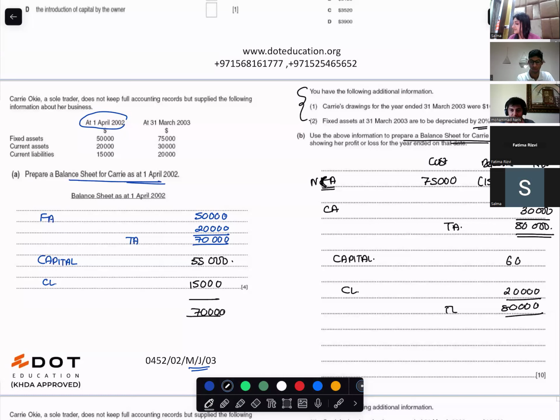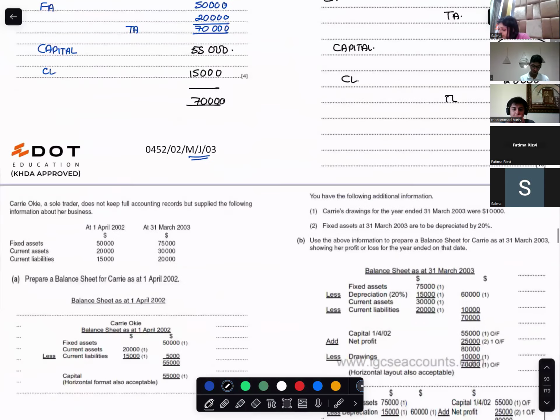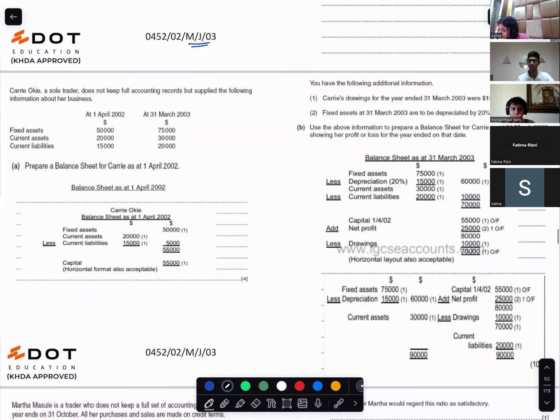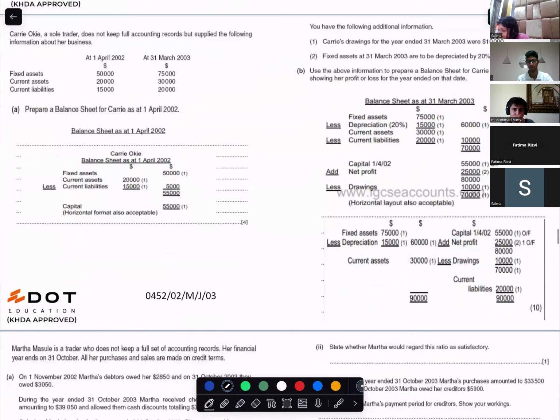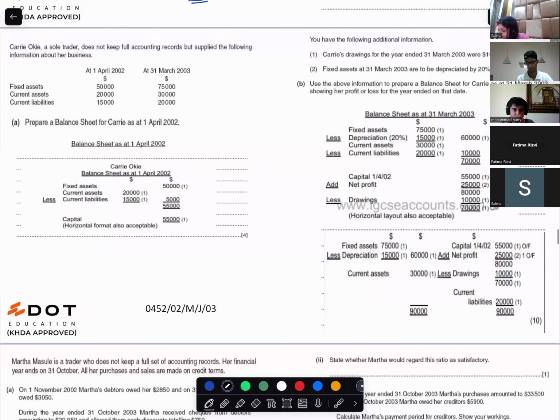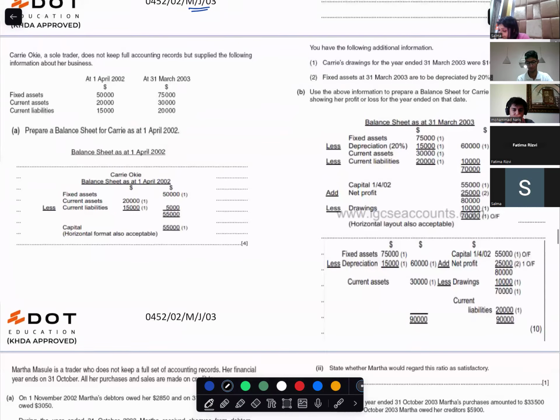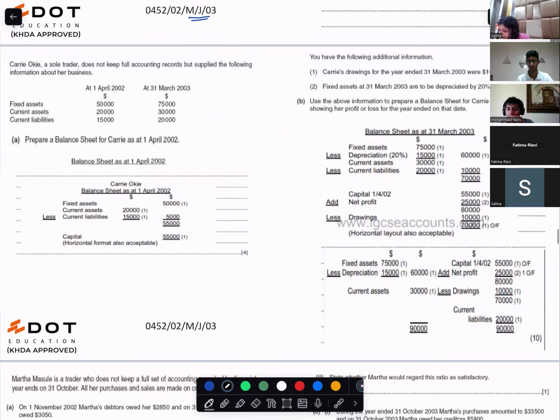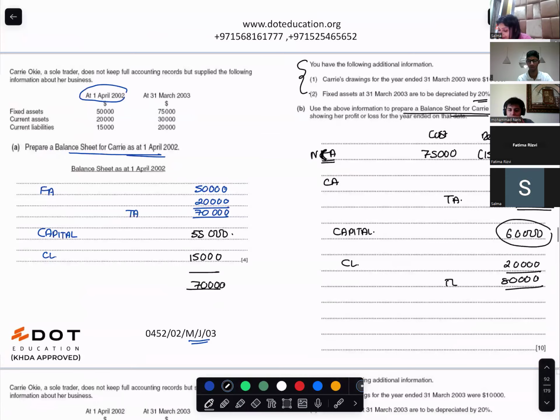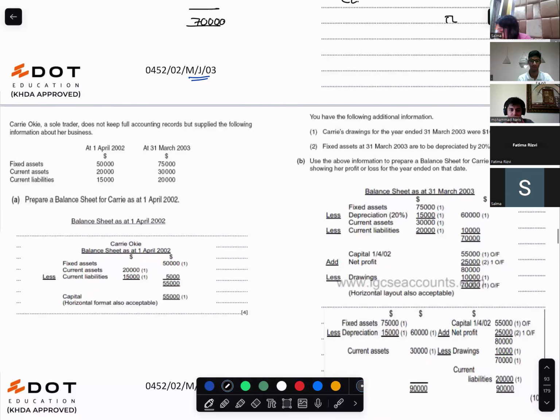So capital is 60,000. Are you with me? Are you with me? Yeah. The opening balance sheet capital is 55,000.